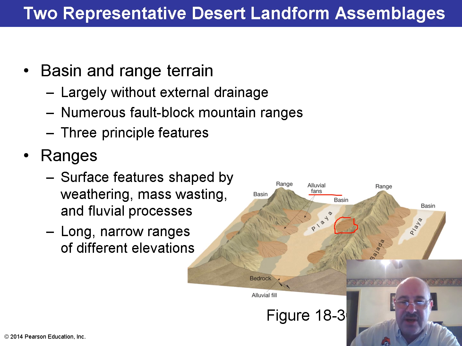Here's my range, here's my basin, and the lowest point in the basin can become a playa. And a playa is a temporary pond or lake. Okay, very temporary. Now, if I have more than one alluvial fan and they begin to coalesce, they become a bajada. That's B-A-J-A-D-A, bajada.